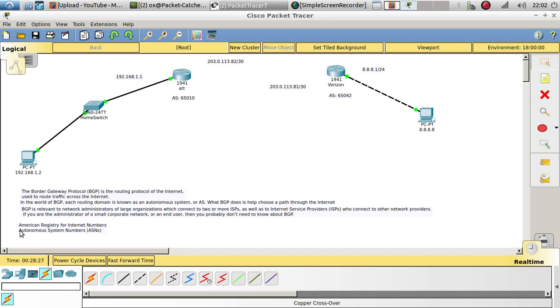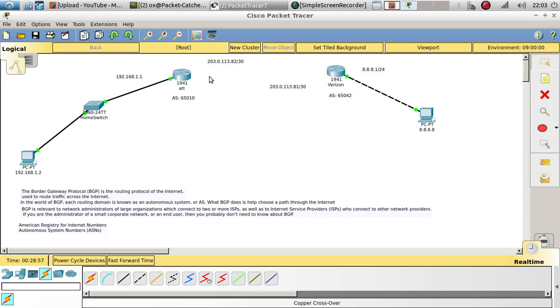You can get an autonomous system from the American Registry for Internet Numbers, and each ISP, or Internet Service Provider, has its own AS. Like AT&T has 65010, and Verizon has 65042.